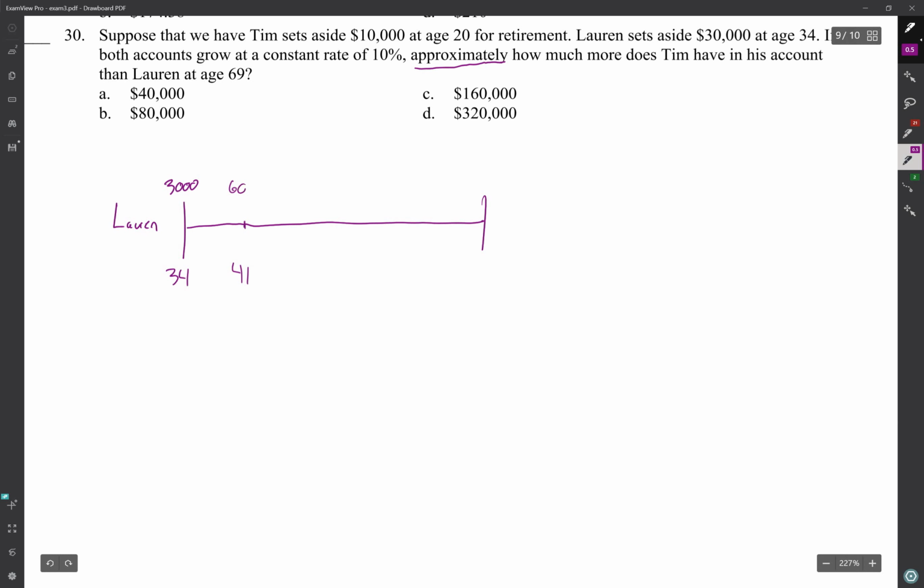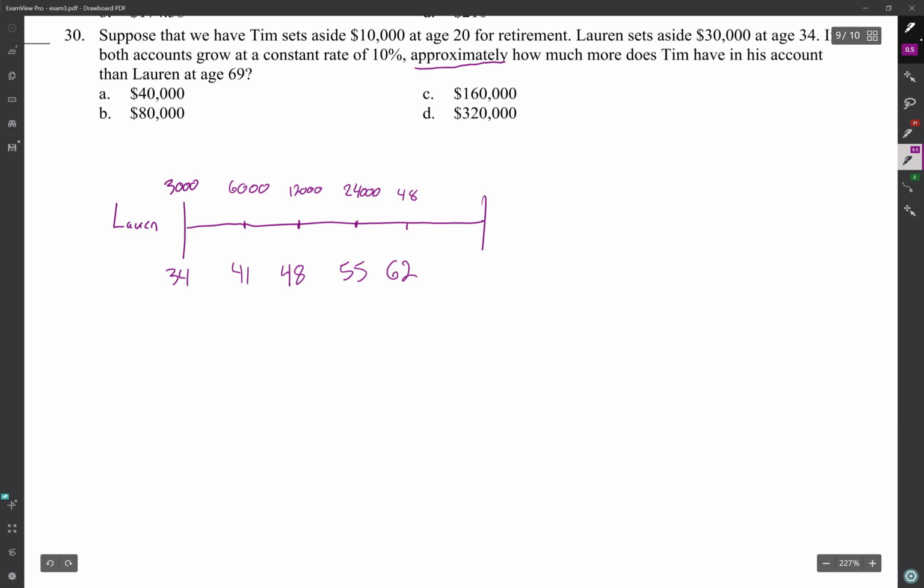She'll have $60,000. In another 7 years, she'll be 48 and have $120,000. In another 7 years, she'll be 55 and have $240,000. In another 7 years, she'll be 62, so that'd be $480,000.